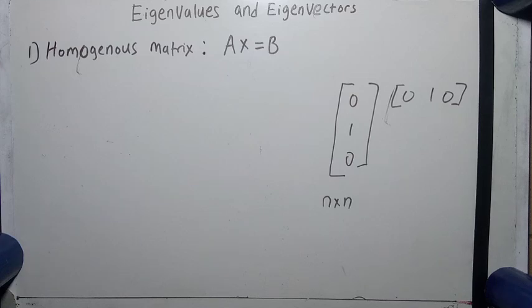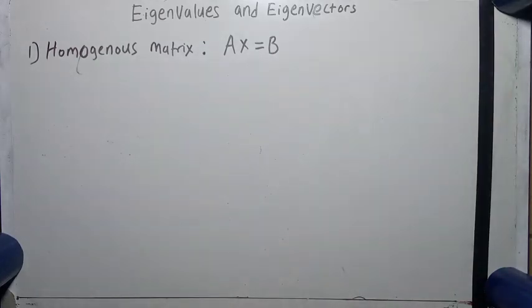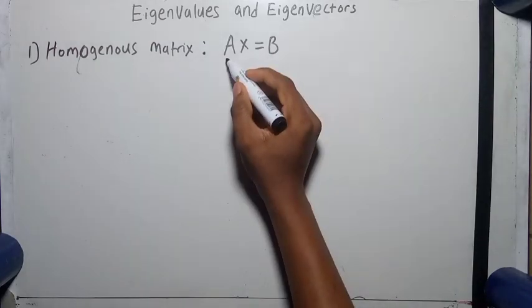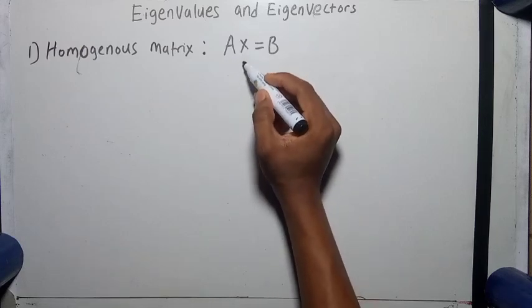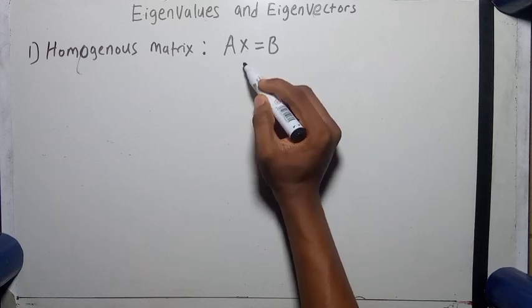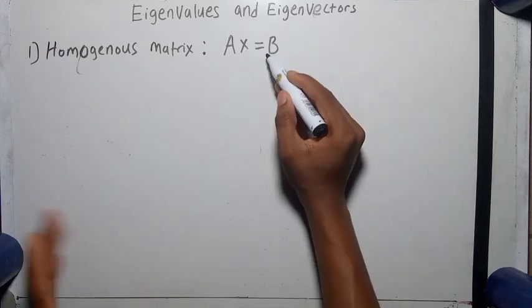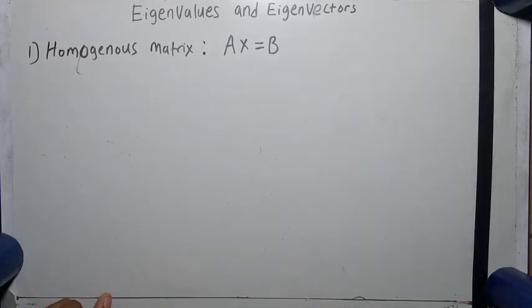They're not associated with any other form of matrix. So let's say our A here is a square matrix. Our X here is not a square matrix, and it's representing the variables of an equation or of a system, and your B here represents the constants.